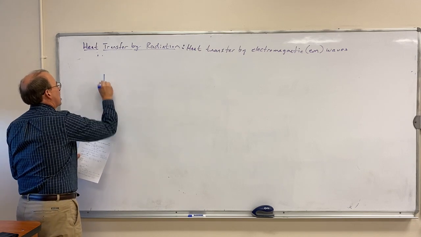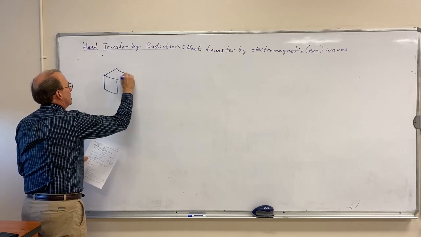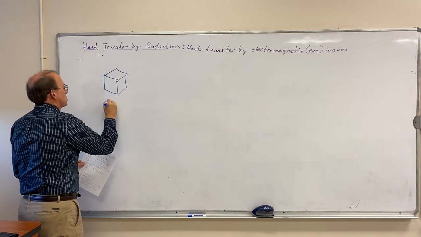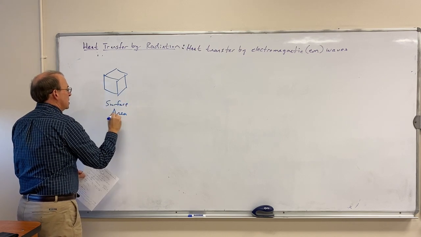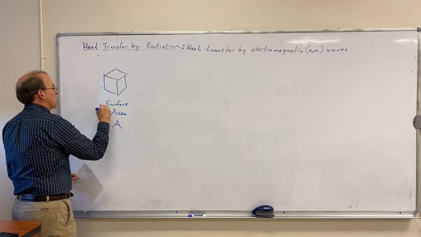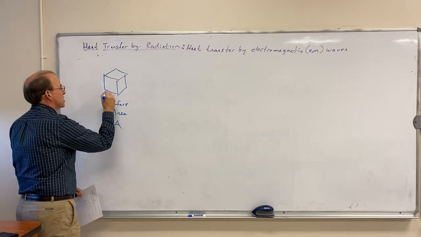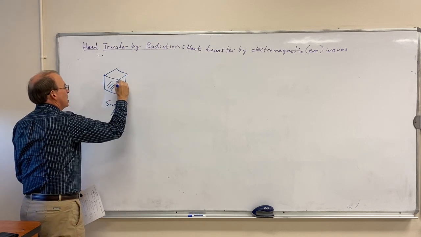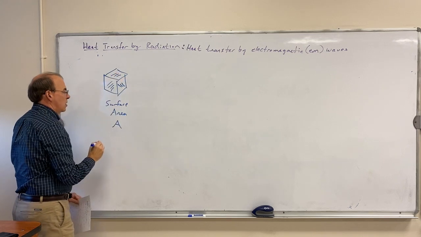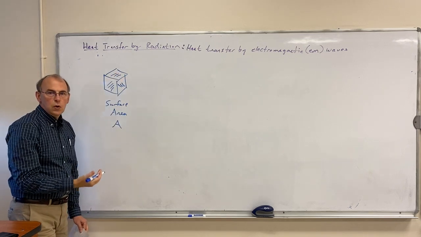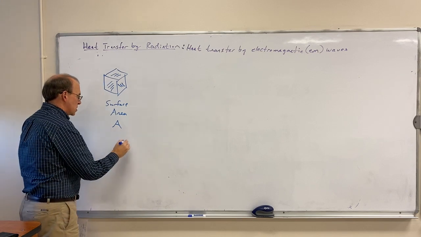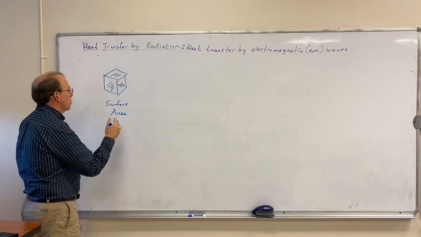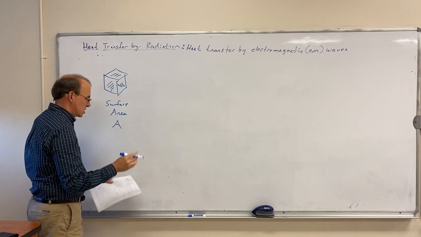If I have some object, and that object has some surface area, A, that surface area would be the sum of all of its areas. So it'd be this area plus that area plus that area, or if it's a sphere, it'd be the 4 pi r squared of a sphere. If it's just a flat disk, it'd be the area of a disk, whatever surface area it has.